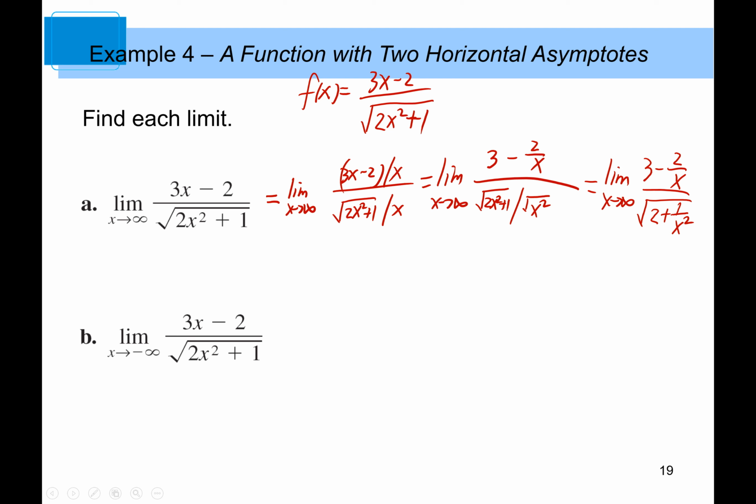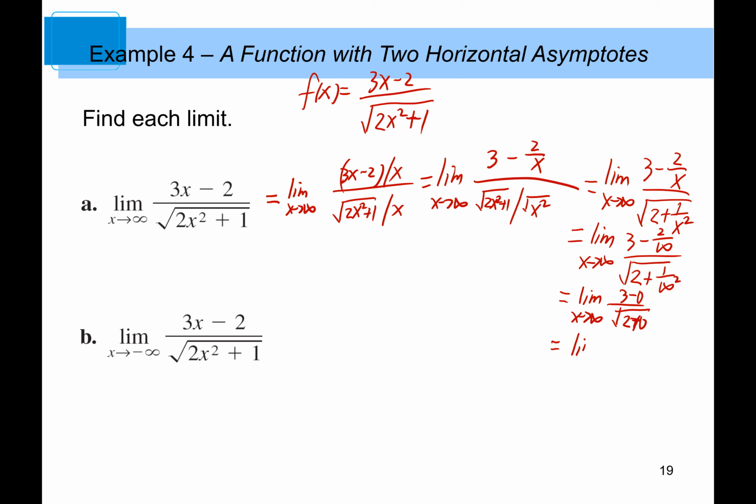And when x approaches infinity, plug in infinity: 3 minus 2 over infinity. On the denominator we get the square root of 2 plus 1 over infinity squared. It just becomes 3 over, the other terms become 0, radical 2 minus 0 plus 0.